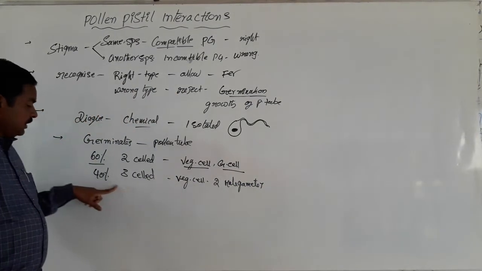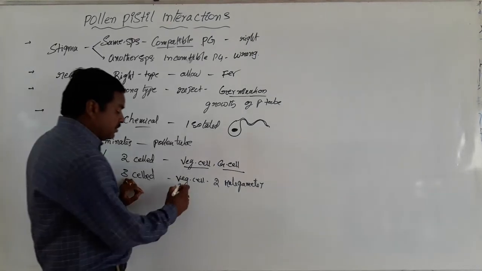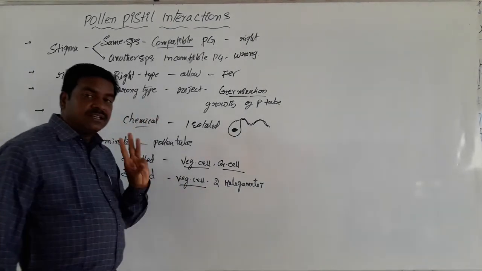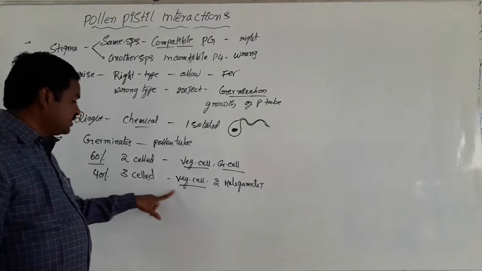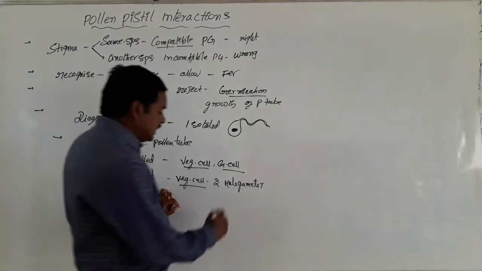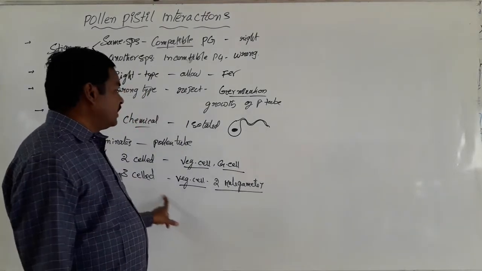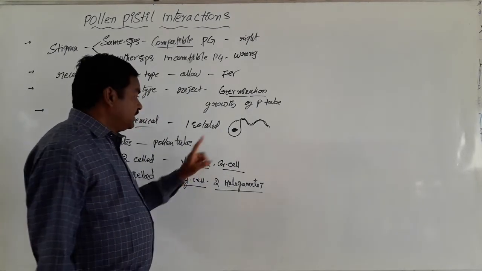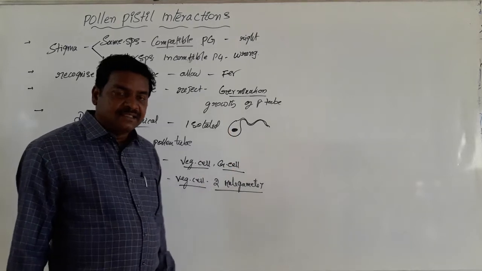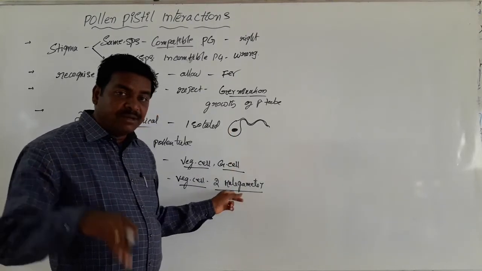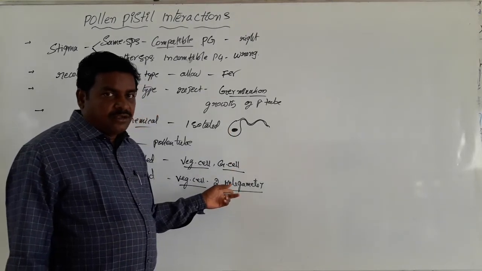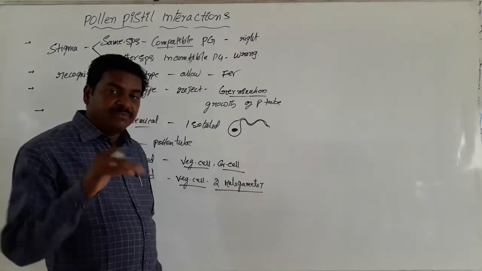So in this 40% of plants, the pollen tube carries 2 male gametes from the beginning.